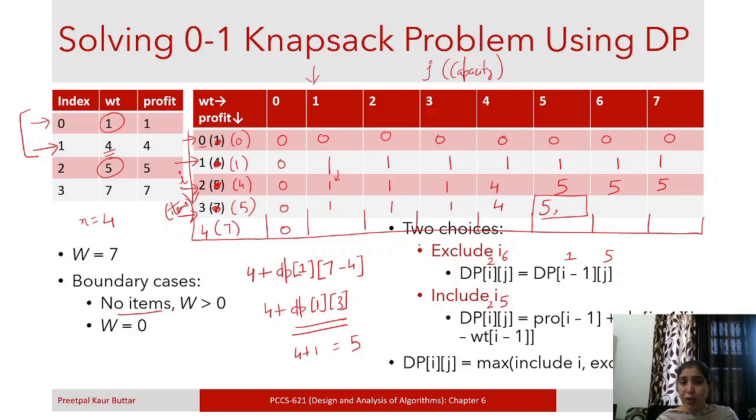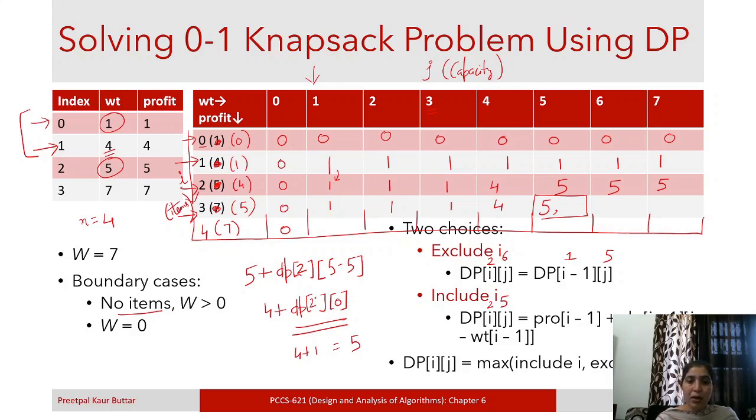And when you include this item, then what will happen? You will include its profit. Its profit is 5. And then you will look at the previous solution. So dp[2], and here the capacity of the knapsack is 5, and when you pick this item, its weight is also 5. Okay, so it means that 5 minus 5 is 0. So 2 comma 0 is the problem which is left.